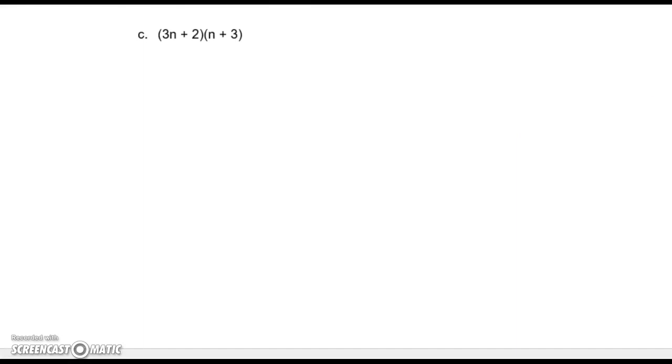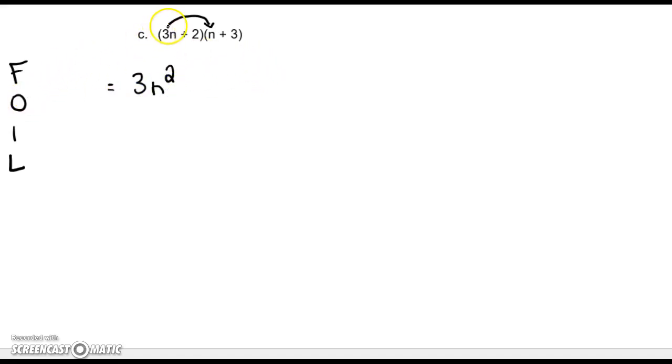Here we have the binomials 3n plus 2 times n plus 3. Once again, we're going to use FOIL, so I'll write that off to the side just so I can remember my process. F here stands for our first terms. So we have 3n times n, which is 3n squared.